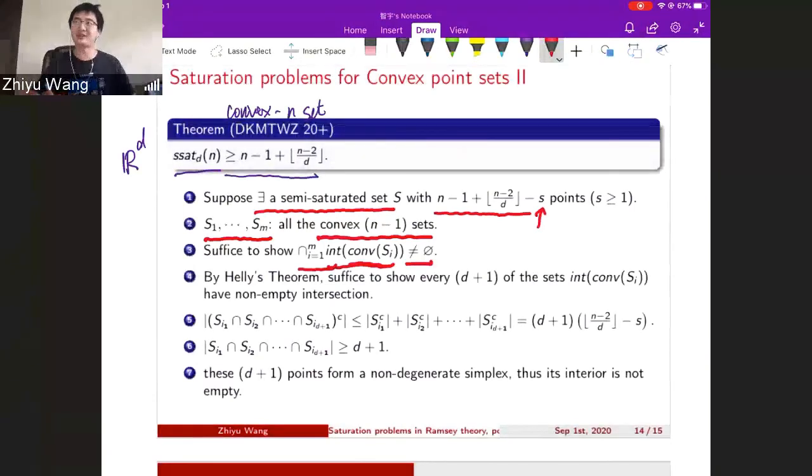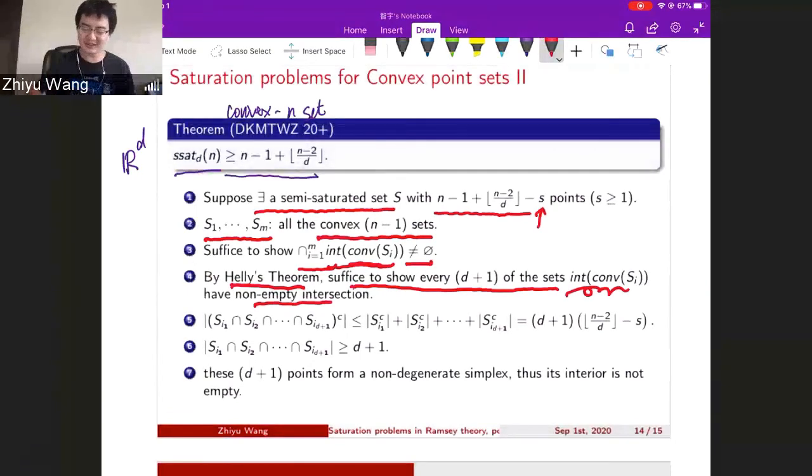Then we are good, because I can just add a point into the intersection of the interiors of their convex hulls, and since it's inside the interior, it wouldn't create any convex n-set. By Helly's theorem, a theorem in discrete geometry, in R^d if every d plus 1 of the sets have a non-empty intersection, then all of the sets have a non-empty intersection. So it suffices to show that every d plus 1 of these interiors of the convex hulls of F_i has a non-empty intersection.